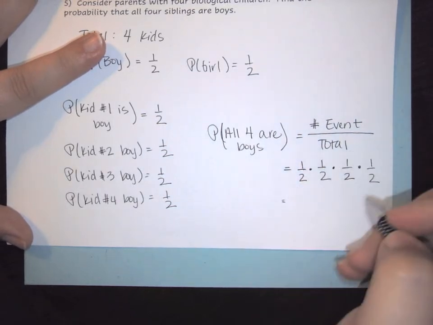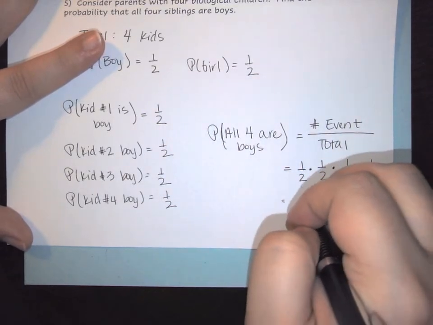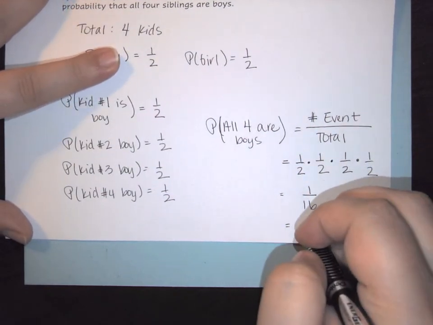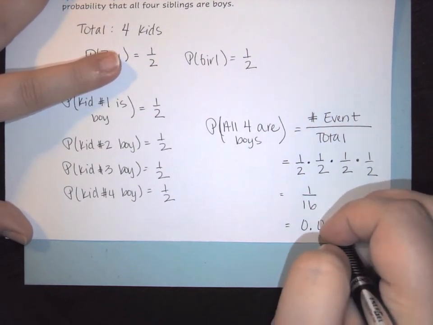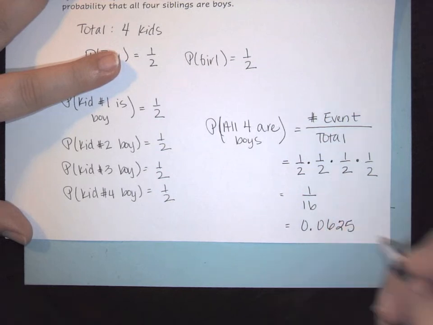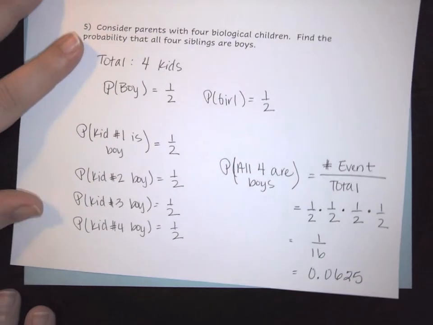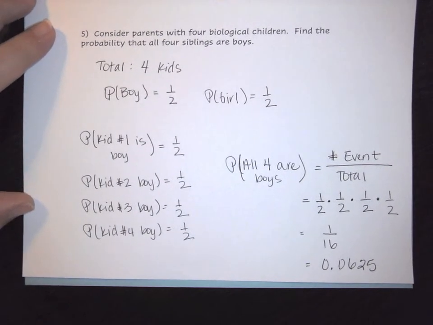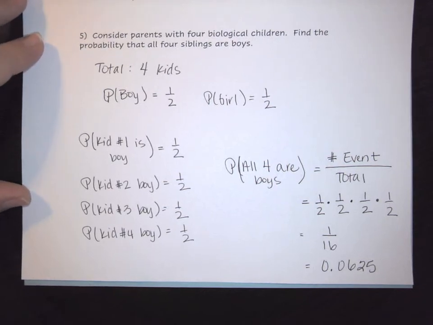In this case, this gives me a probability of 1/16, which is 0.0625. Okay, so the probability that all 4 of my kids come out to being boys is 1/16, which is 0.0625.